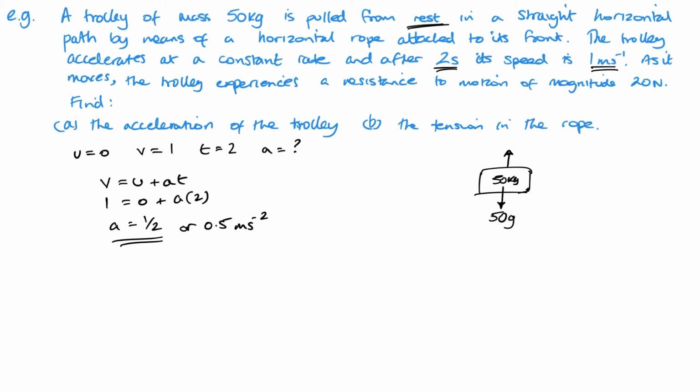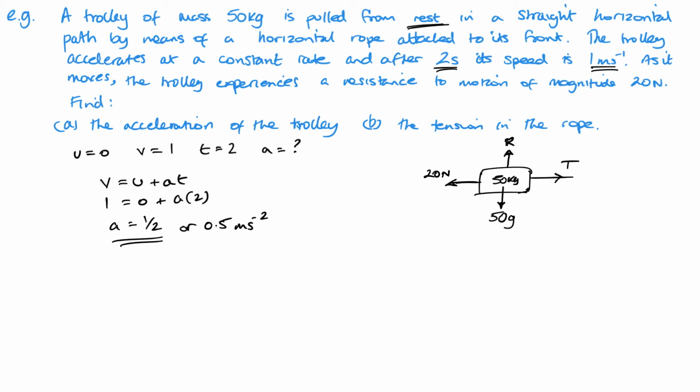We have a normal reaction, which will act up. We're being pulled in this direction, and then we also have a resistance to motion, which is 20 newtons. And let's call this T for tension.